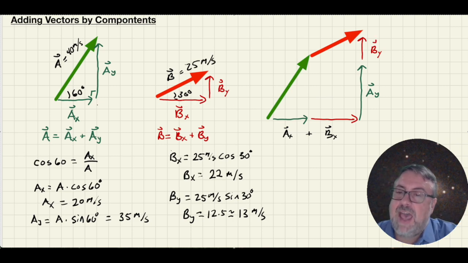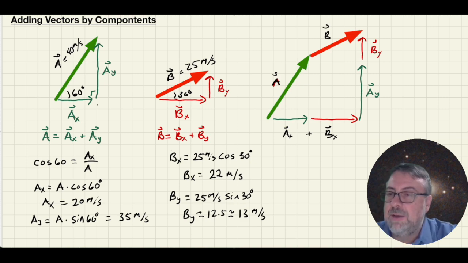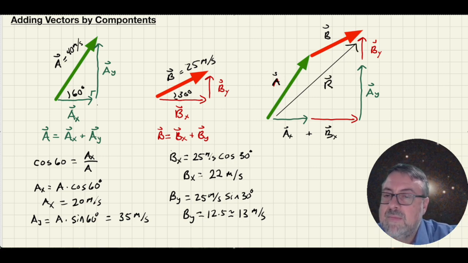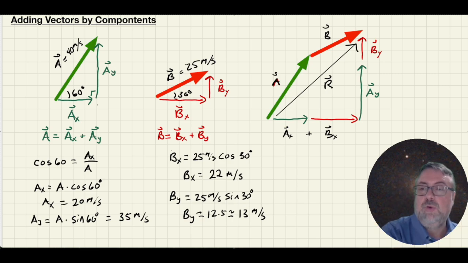Instead of adding just the two vectors A plus B, I see that adding the components, the x's and the y's together, these are also all arranged tip to tail, and start and end at the same place as these two vectors. So if I drew in my resultant now, that's the same resultant as I got before.